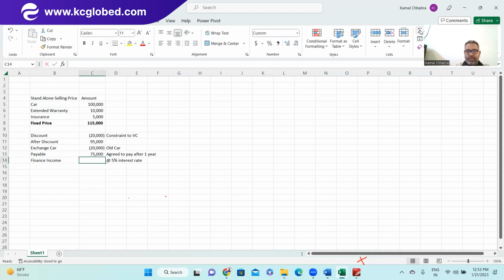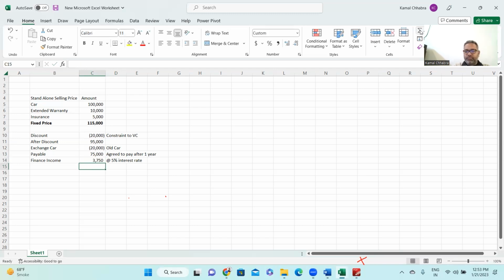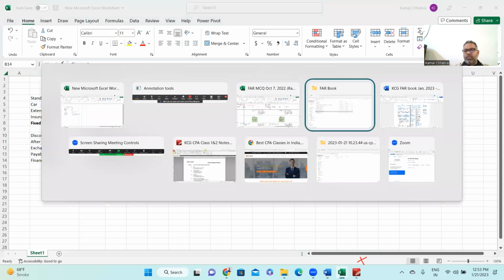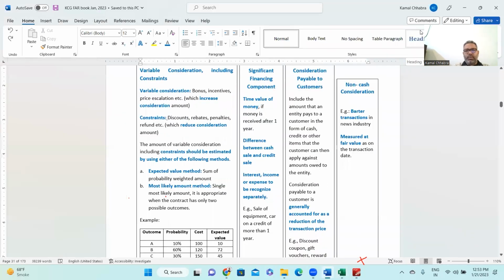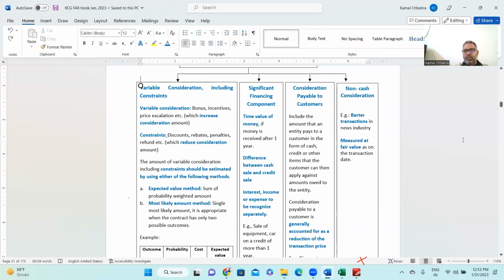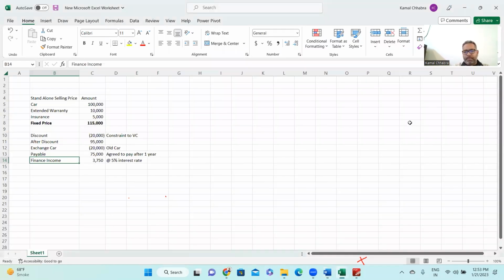Right, so plus this multiplied by 0.05. So this is your finance income, right? If you go back here, then you have significant consideration paid and payable to the customer.